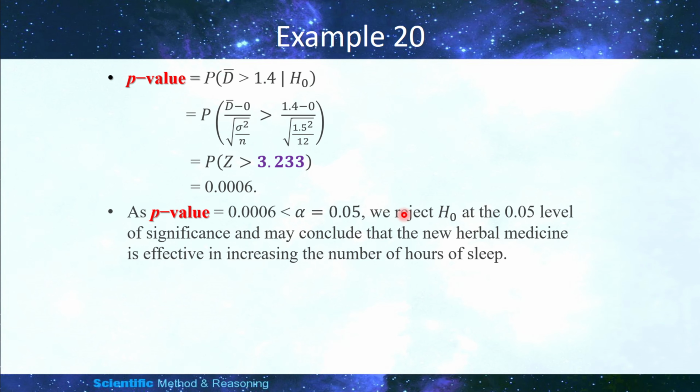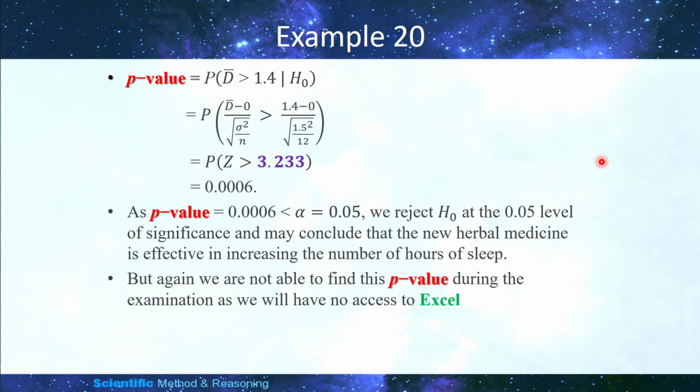If we set alpha equal to 0.05, then the null hypothesis will be rejected at the 0.05 level of significance, and we may conclude that the new herbal medicine is effective in increasing the number of hours of sleep of the patients.